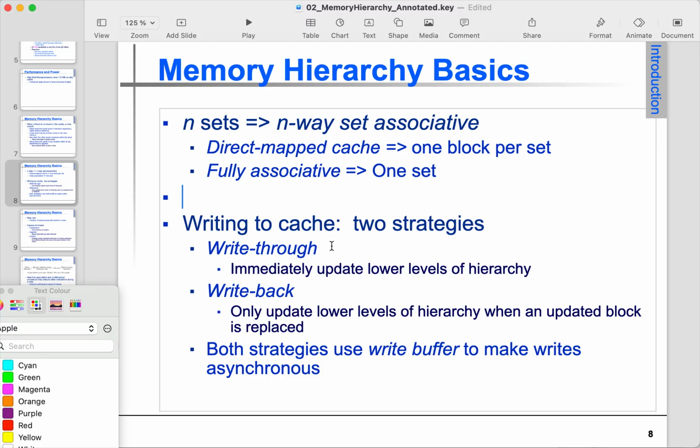Writing to the cache has two strategies: write through, which means we update the lower levels of the hierarchy immediately. Write back, where we would only update the lower levels of the hierarchy when an updated block is replaced. Both strategies would use a write buffer to make writes asynchronous.